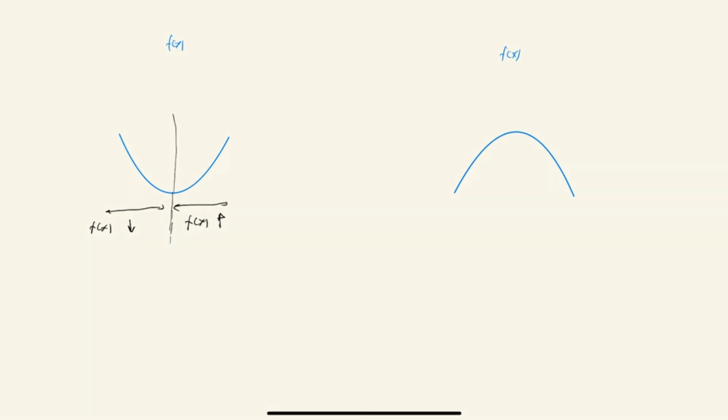Now let's determine the behavior of the derivative. Remember, the derivative is the rate of change and it is the slope. So I'm going to draw a tangent line to this curve and determine the sign of the slope. And the sign of the slope is going to be the sign of the derivative. So on the left side, the slope of this tangent line is negative.